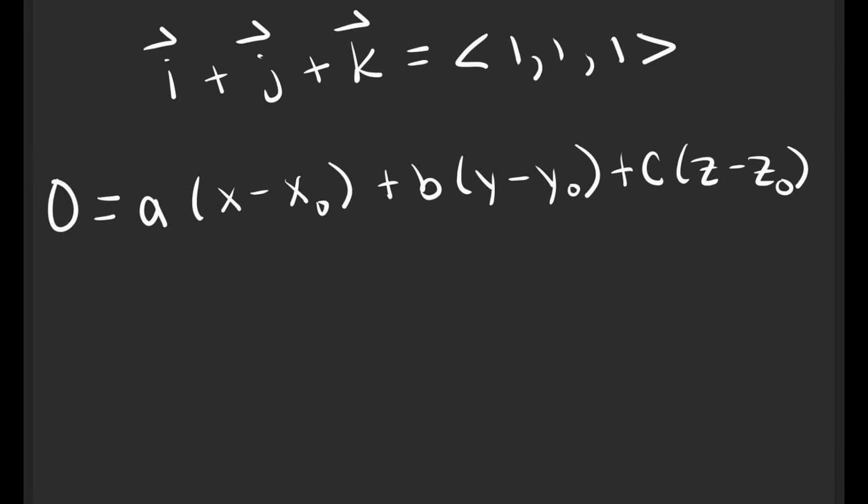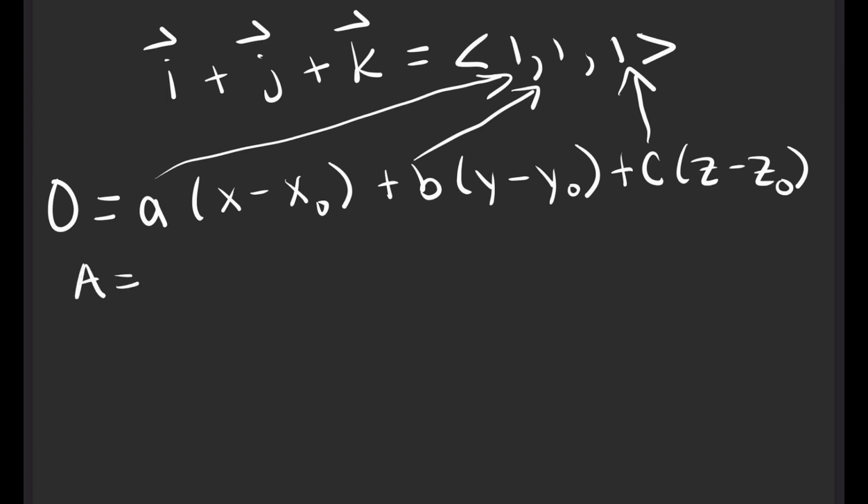So for our a, b, c values, we just found those in this vector. So all of those values are going to be 1. So we can plug in any point for our x naught, y naught, and z naught. So we'll just plug in point A, which was equal to 0, 1, 1.